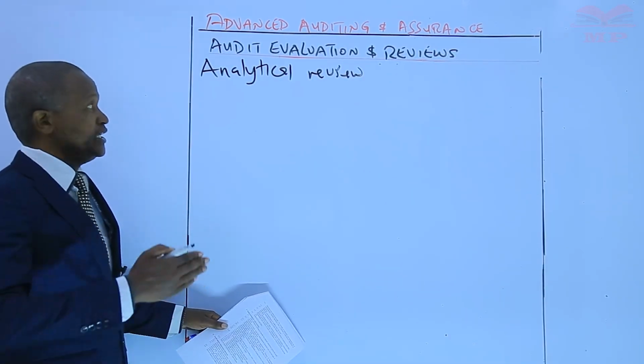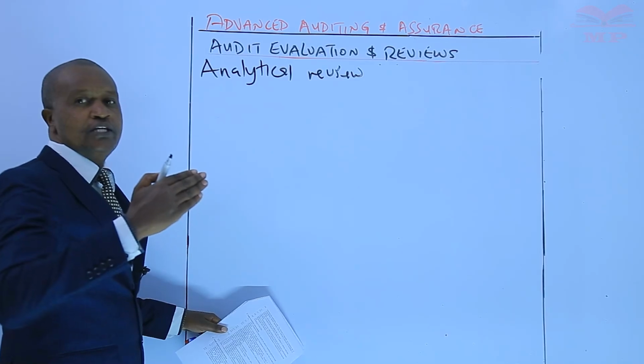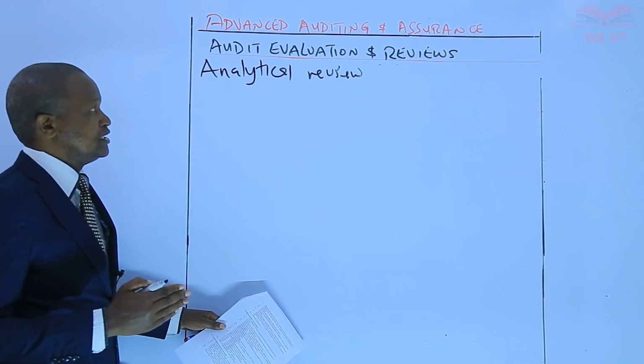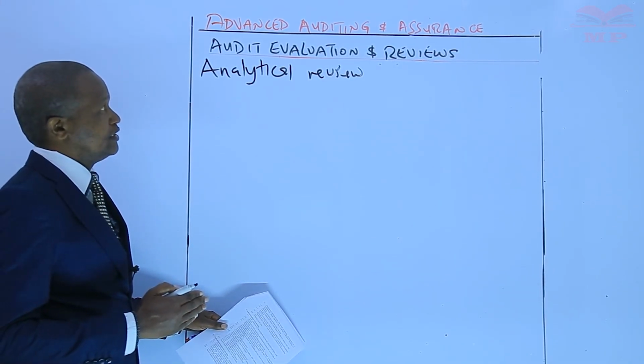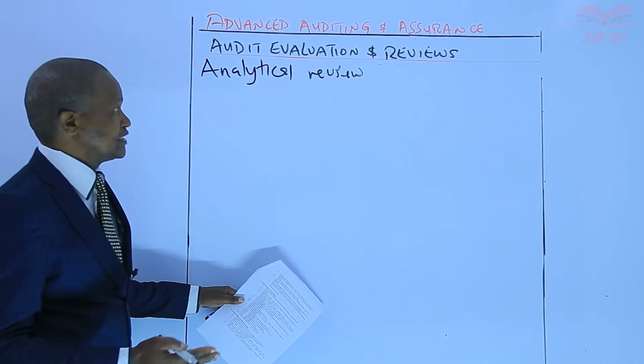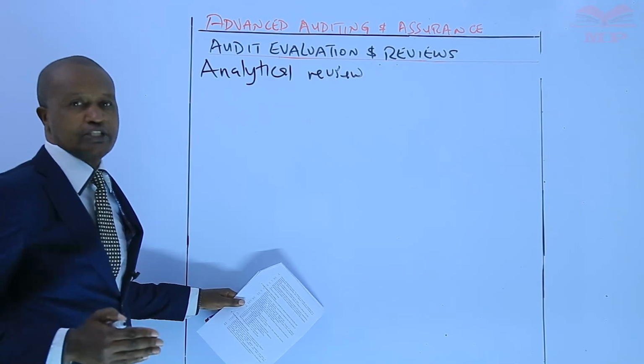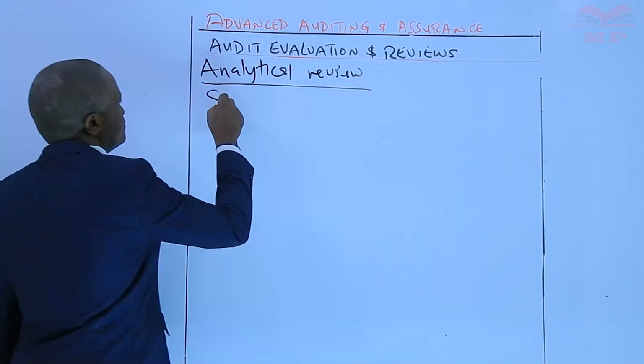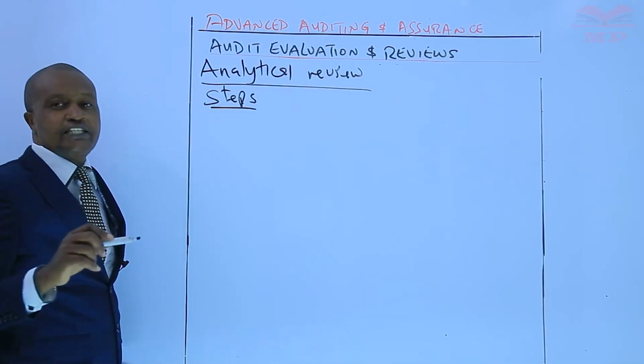And I've said it is a key component of the audit process. That means that an auditor is required to carry out analytical reviews as part and parcel of the audit process. So what are the steps? Steps involved in analytical review.